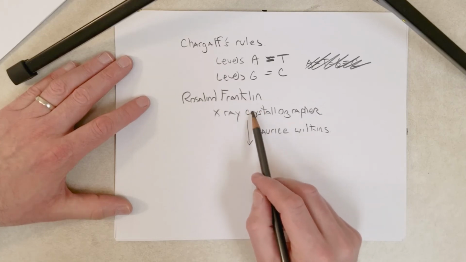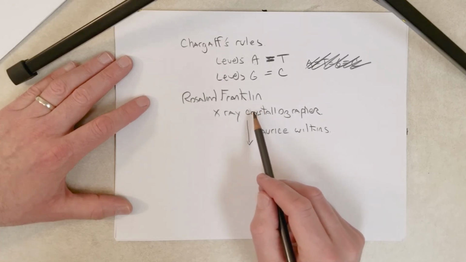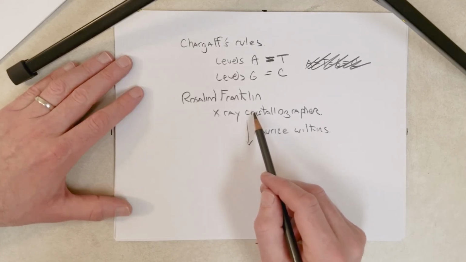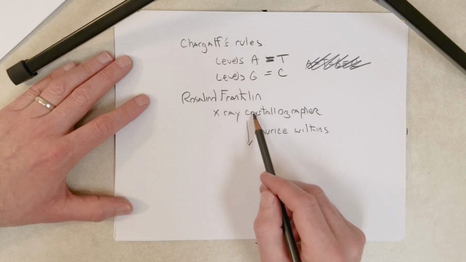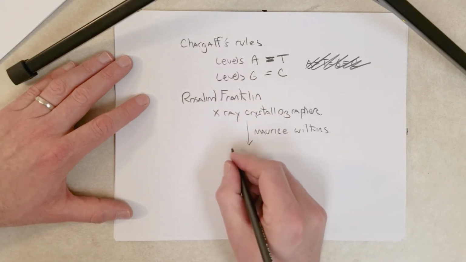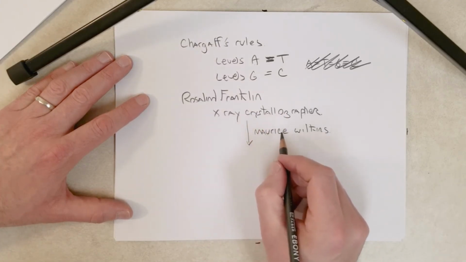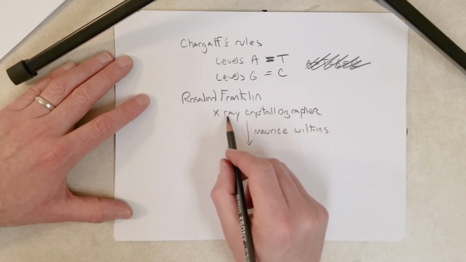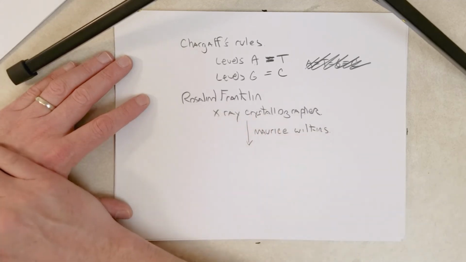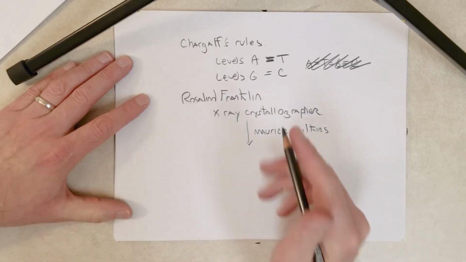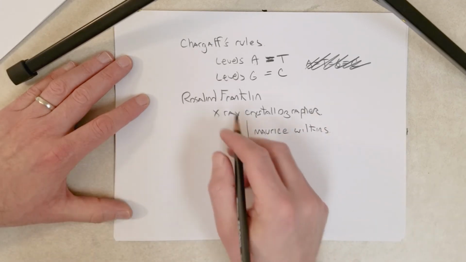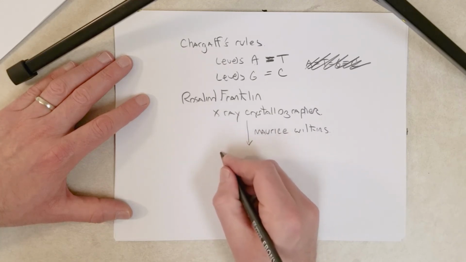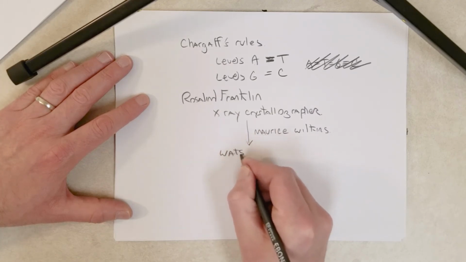This is very common when you're working in research. You're spending all your time doing experiments. You hardly have enough time to interpret the data you're generating. So the story goes that Maurice shared Rosalind's X-ray crystallography data on the structure of DNA, some of her hot off the presses data, without Rosalind's approval. He shared them with Watson and Crick.